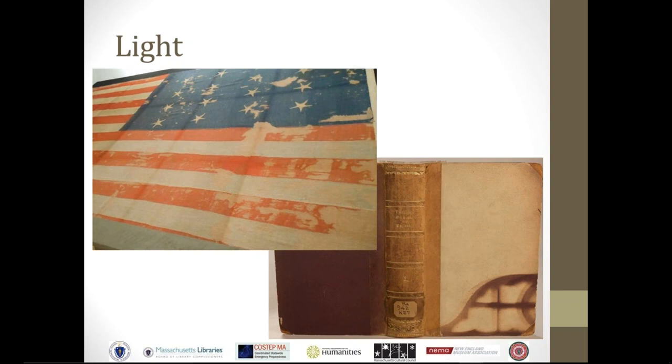So how do we protect our materials against light? In storage areas, we can try to make sure that as many of our materials are in boxes as we can. That not only protects it from light but also dust. But we can also try to make sure that we are keeping the lights off when no one is in storage.